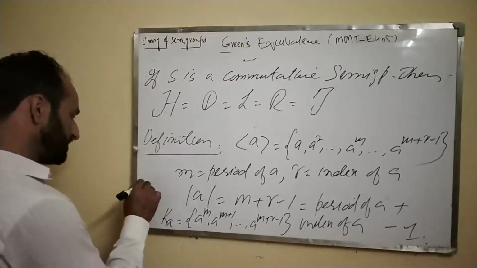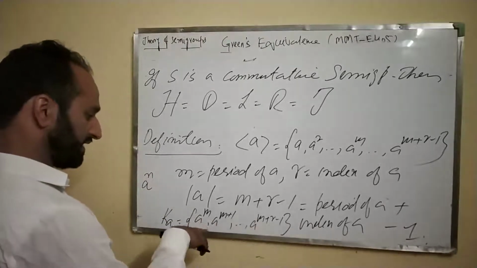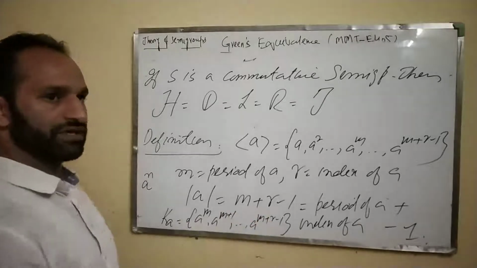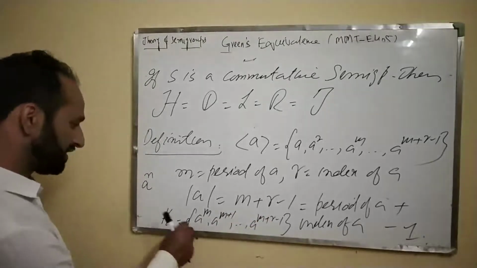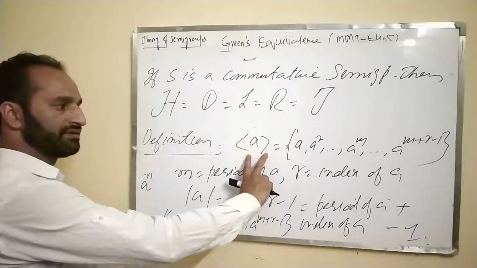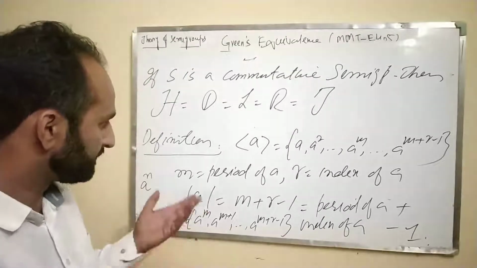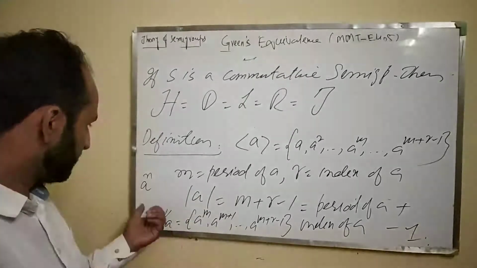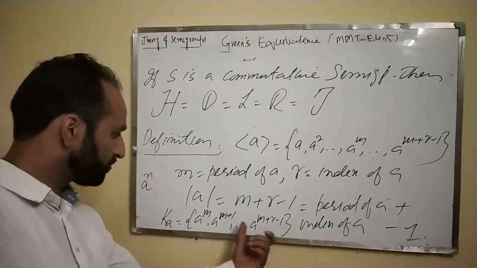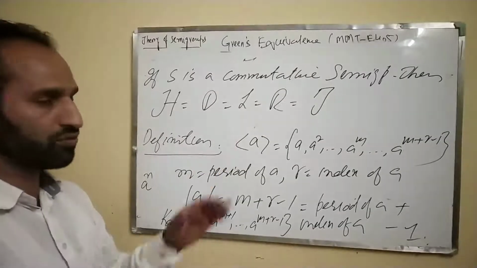So that identity is A power n, where n is greater than or equal to m and less than or equal to m plus r minus 1. This is an identity of K. But this is not the identity of the finite monogenic semigroup generated by A, because it acts as identity only for those elements. It's an identity of the group K, which is a subgroup of this.